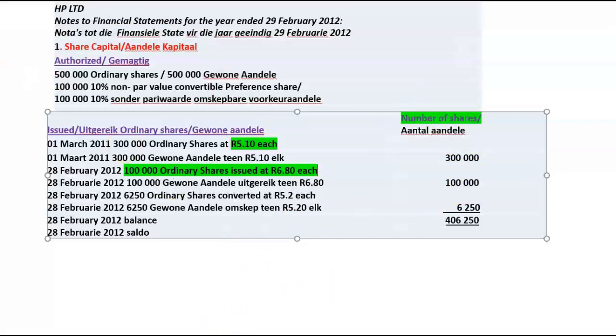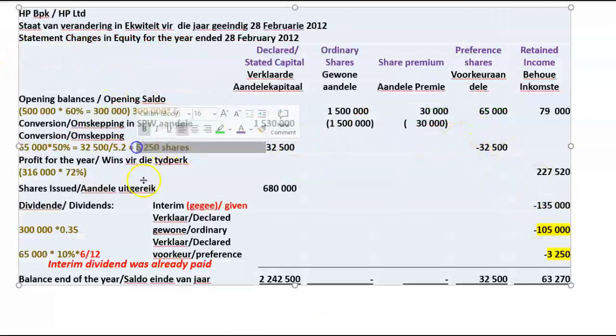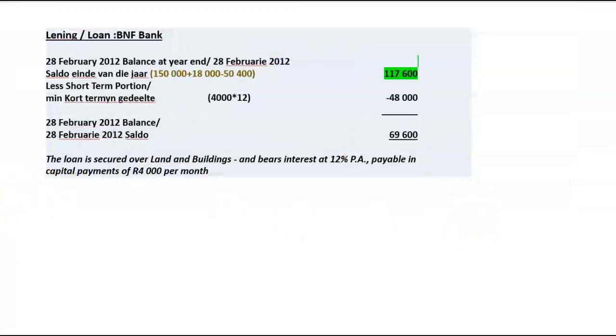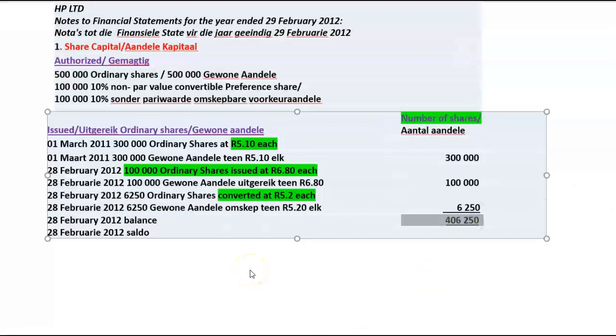Then right at year end, if you remember correctly, the conversion of shares took place, and that equaled 6,250 shares which were issued when the shares were converted at R5.20 per share. So in total, we had 406,250 shares in issue at the end of the year. Do you see that here is no Rand value?